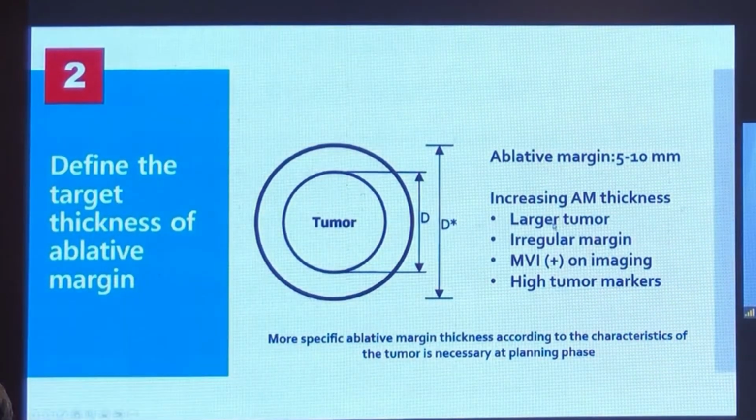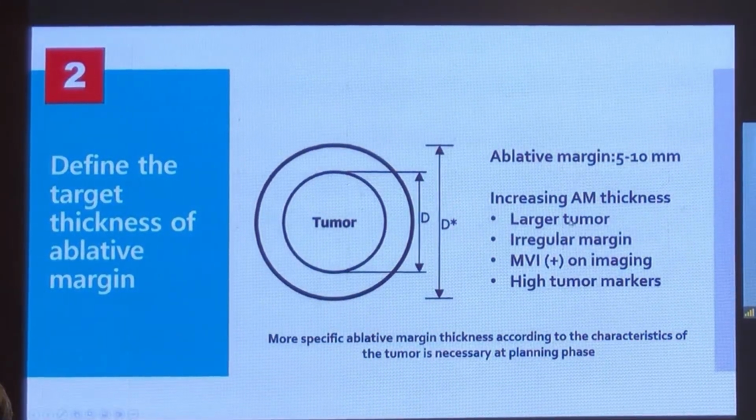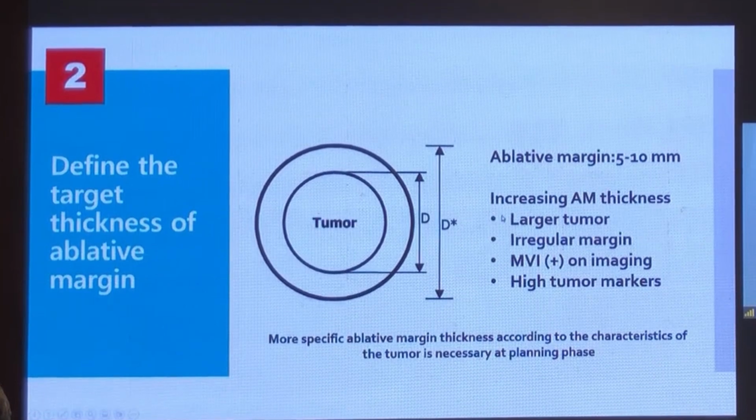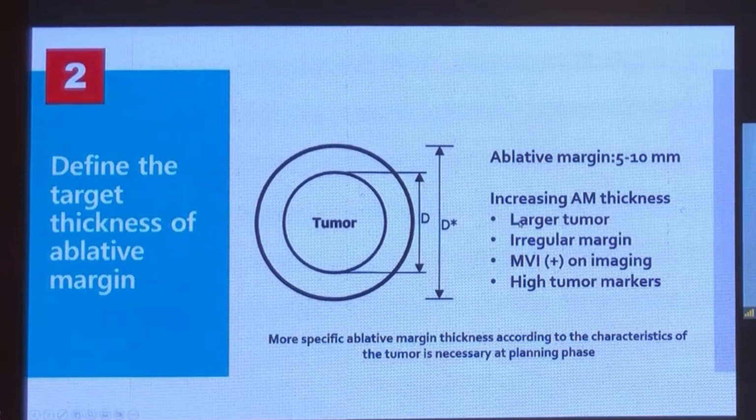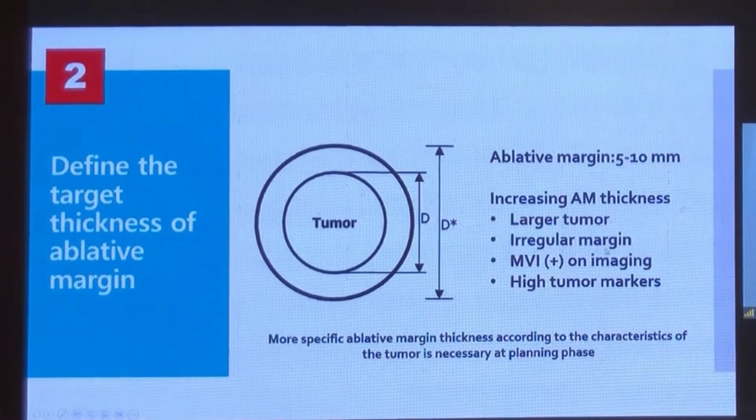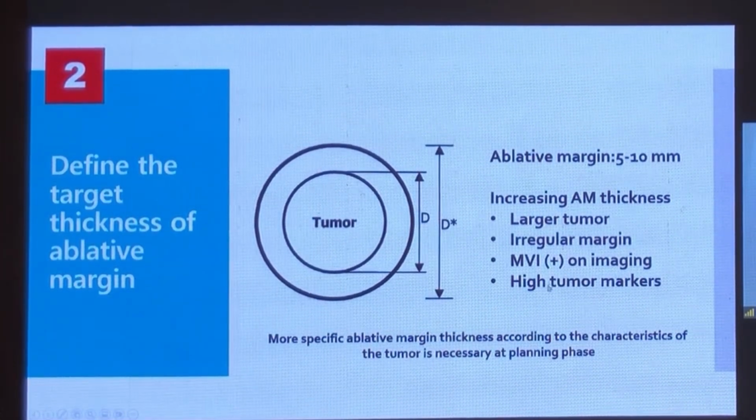So I propose that if the probability of microsatellite nodules increases, we should increase the ablative margin, increasing ablation thickness for larger tumor, irregular margin, microvascular invasion findings on CT or MR, or high tumor markers.